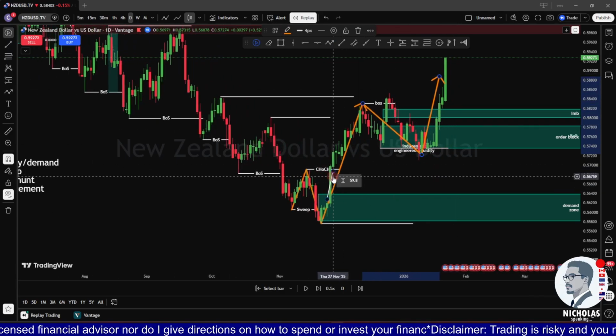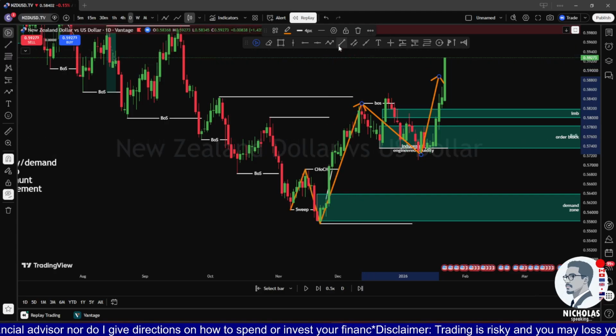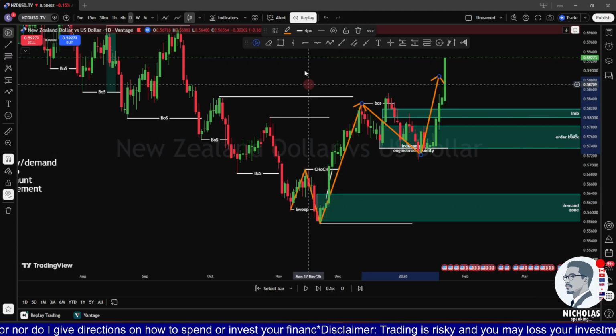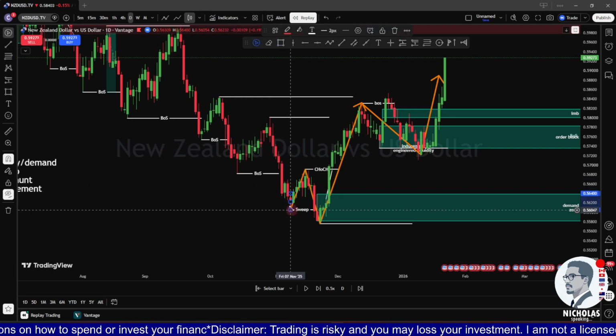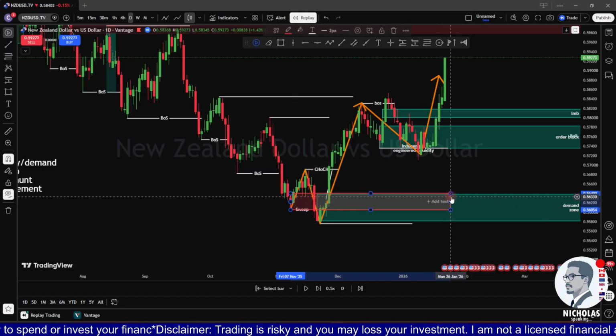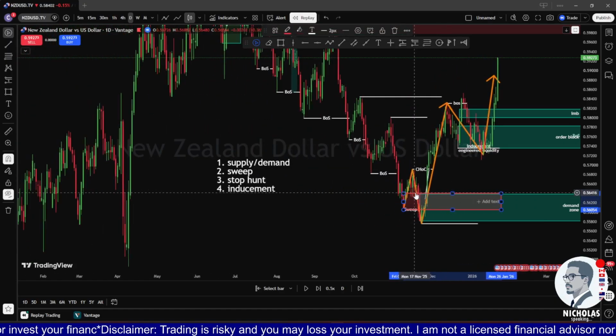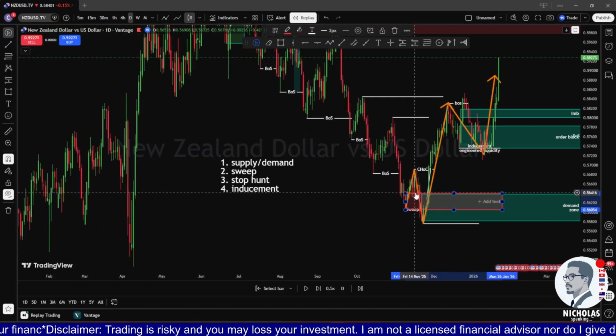So you can see there are 2 ways you can trade this. You can either focus on the order block or you focus on the sweep, which right now I'm pretty sure you're seeing everything you need to see. So this is supply and demand advanced.